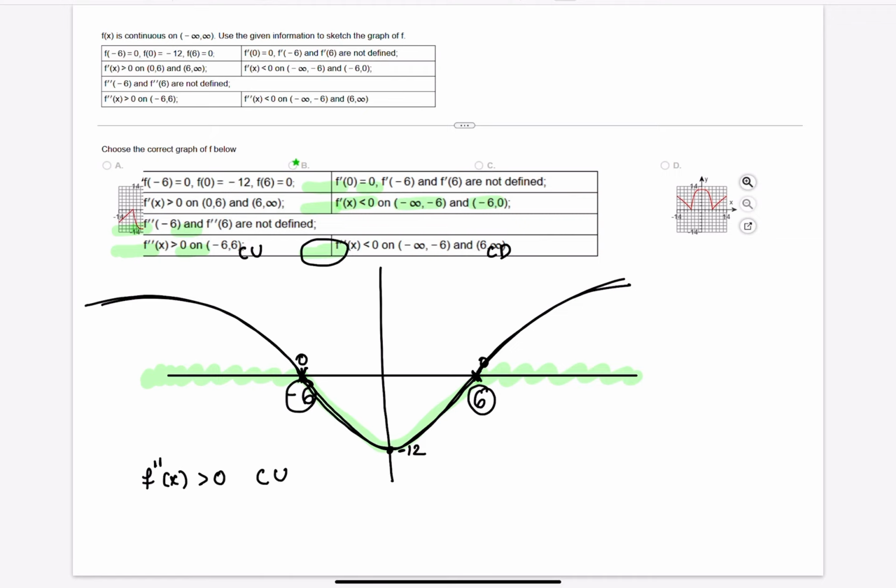If f prime is less than 0, that means the function is decreasing. Look, the function is decreasing from negative infinity to negative 6 and from negative 6 to 0. And starting from 0 to 6, the function is again increasing. So it does satisfy all the conditions. Hope this helps.